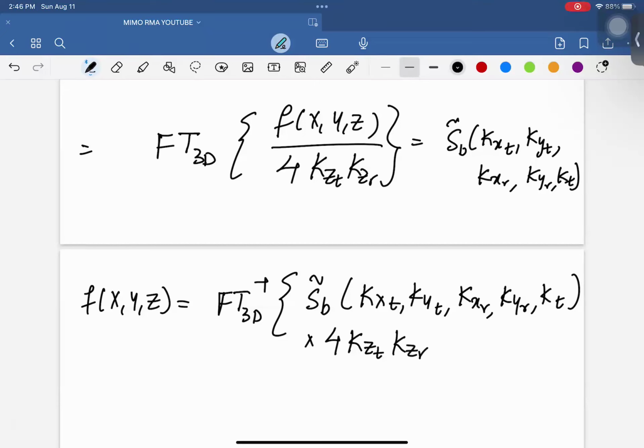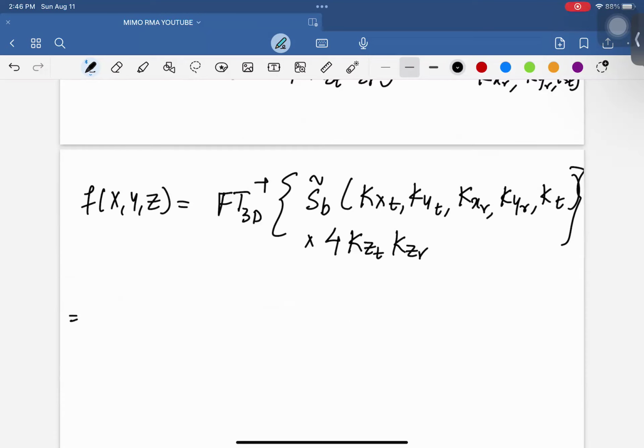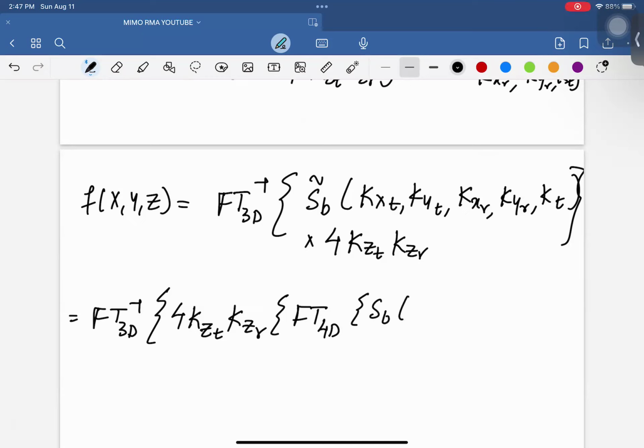And this kzt kzr acts like a high pass filter on the image, right? So that can be expanded out further as the 3D inverse Fourier transform of 4 kzt kzr times the 4D Fourier transform of our measured signal SB of xt, yt, xr, yr, and kt.